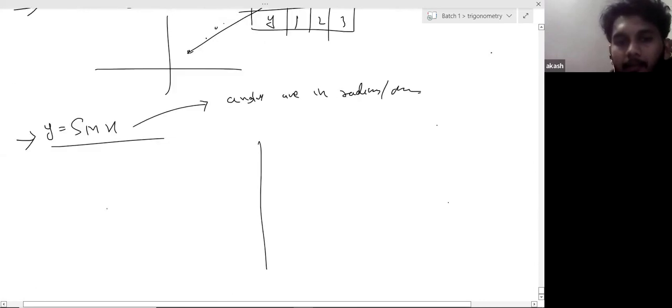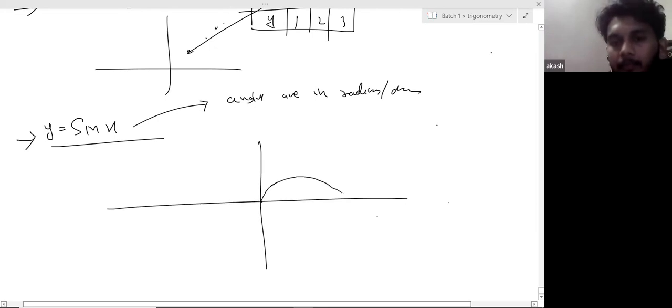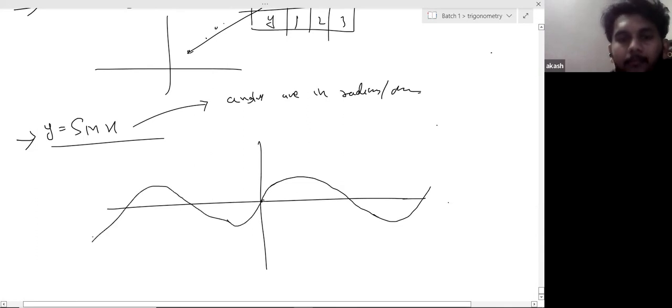So what kind of graph does sine have? This you must have studied in physics already. This is the graph of sine. This is 0, pi by 2, pi, 3 pi by 2, 2 pi, and so on.